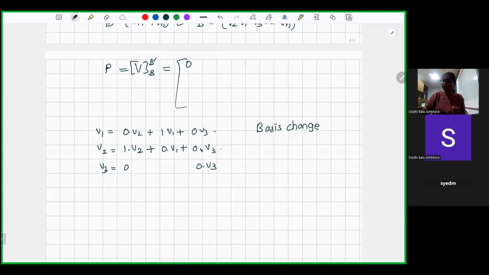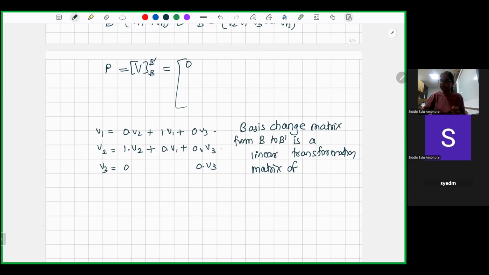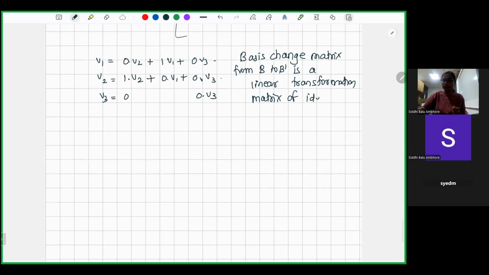If there are any doubts, please stop me and ask. A basis change matrix from B to B dash is a linear transformation matrix of the identity transformation.